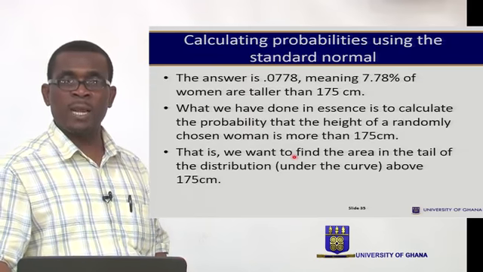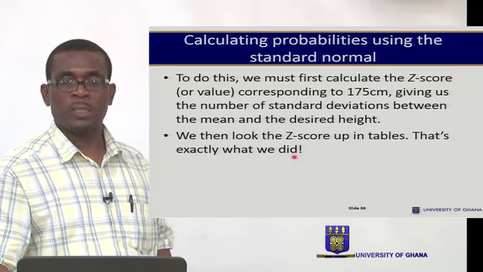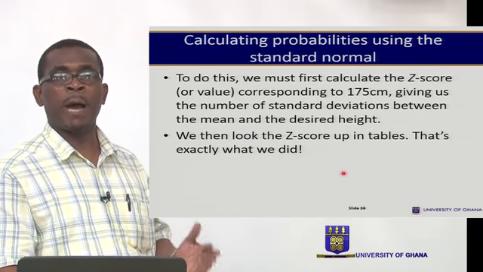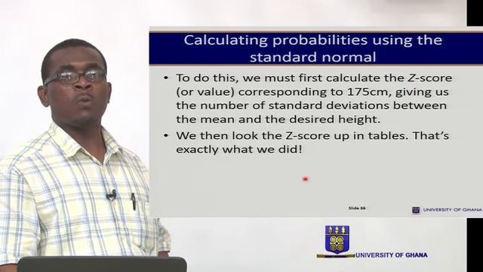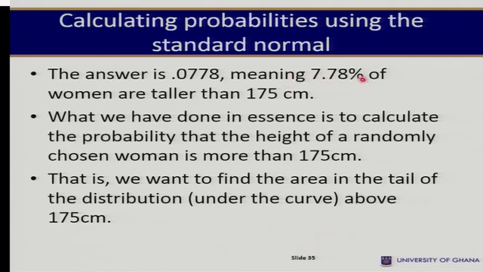And it is equivalent to asking the question: what is the probability that the height of a woman is above 175 centimeters? It means that the 0.0778, or 7.78%, which we got as our answer, simply tells us that only about 7.78% of women are taller than 175 centimeters.